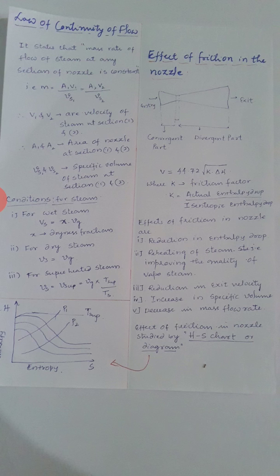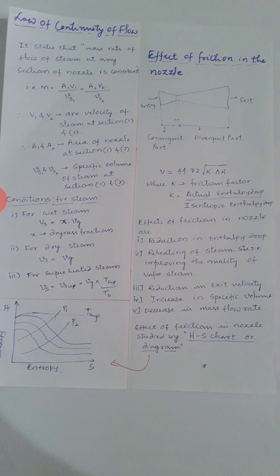In a convergent divergent nozzle, the length of the convergent portion is very small compared to that of the divergent part. Thus most of the friction in the nozzle occurs in the divergent part.